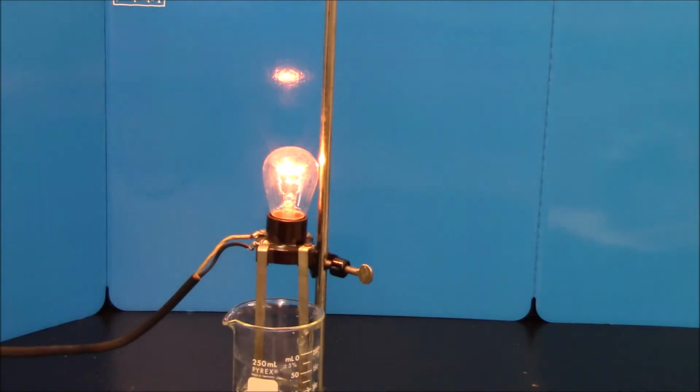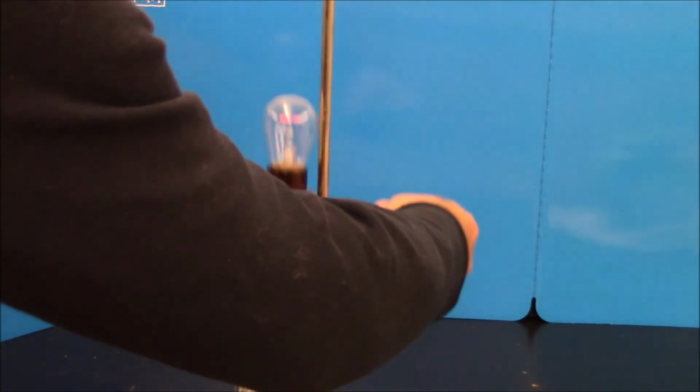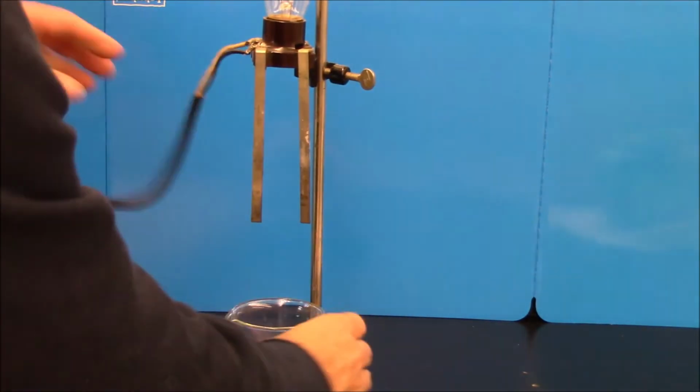So I'm going to pour this in. And I get some brightness out of the bulb, but it's much, much less bright than my strong acid. So this is a weak electrolyte. We would say when put in water, acetic acid produces a small number or few ions. Take this up, rinse it off.